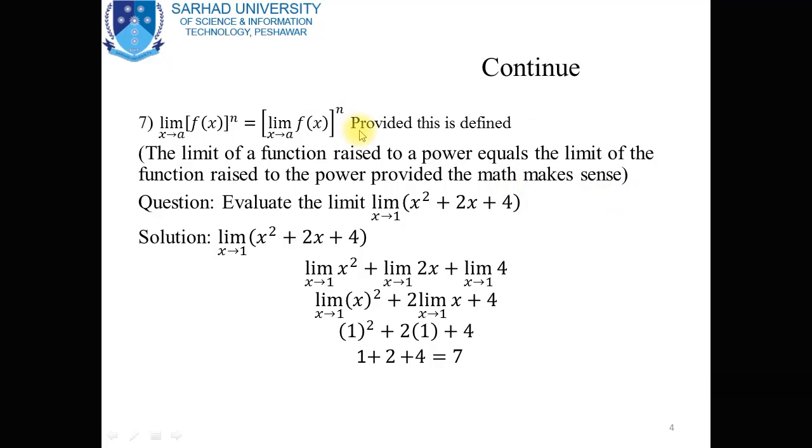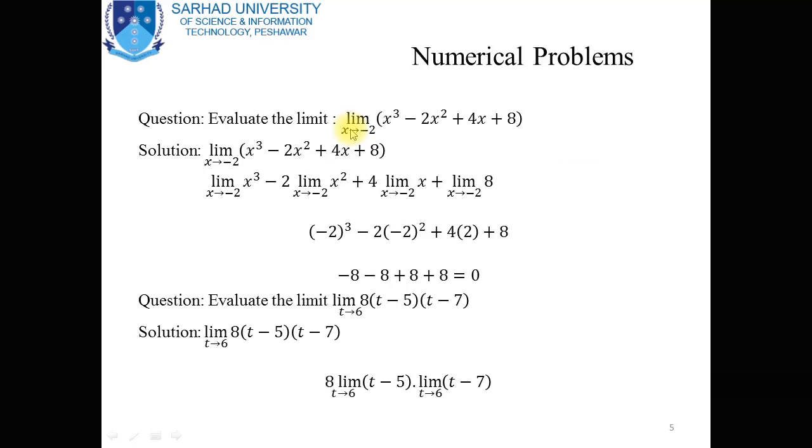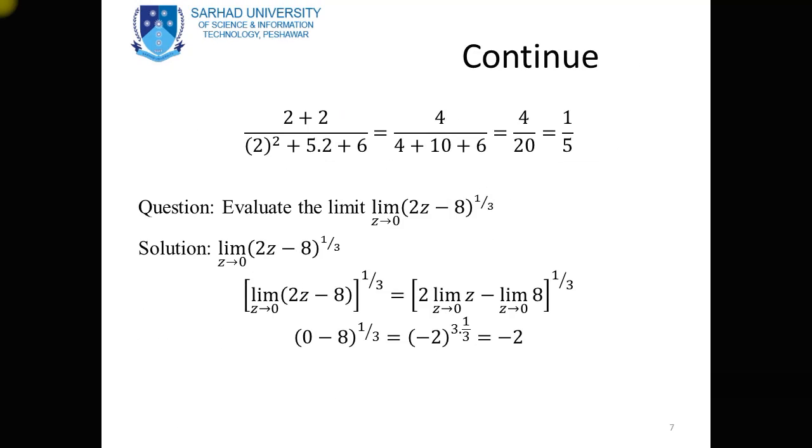So using this law, first of all, put the limit for the function and then take the power of the result. Like you see over here, limit z tends to 0 of (2z minus 8) to the power 1 over 3. Don't first take the power 1 over 3 of 2z minus 8.